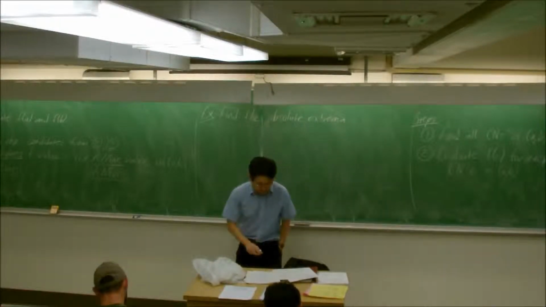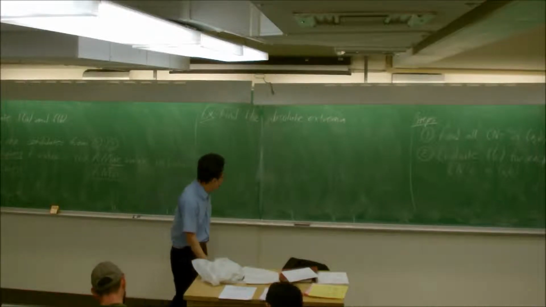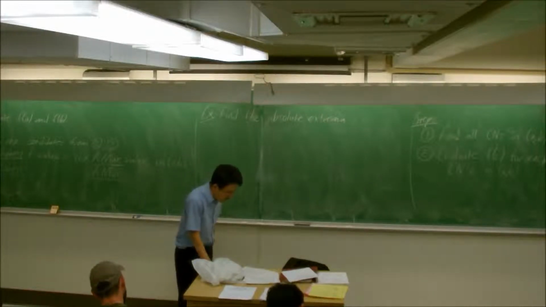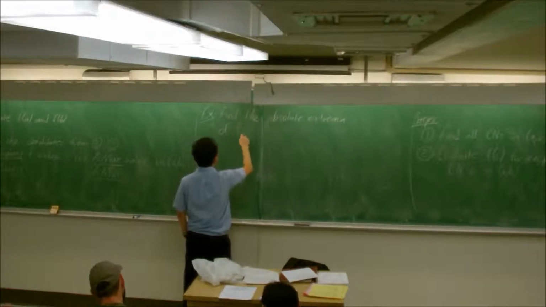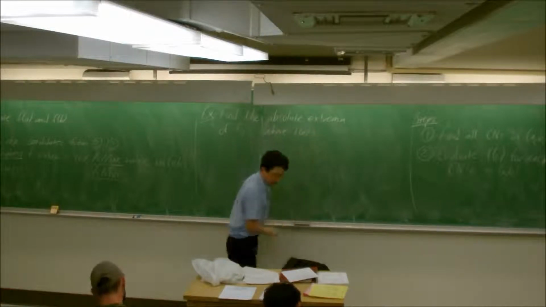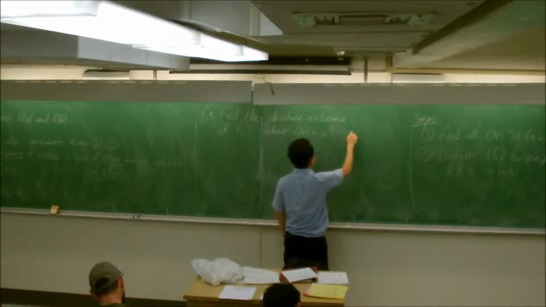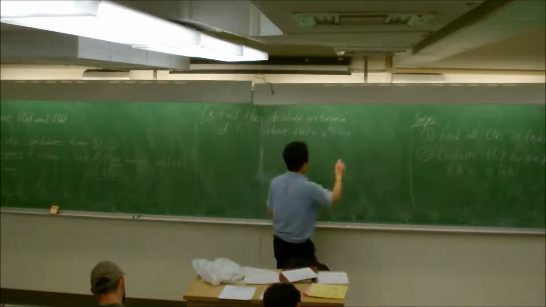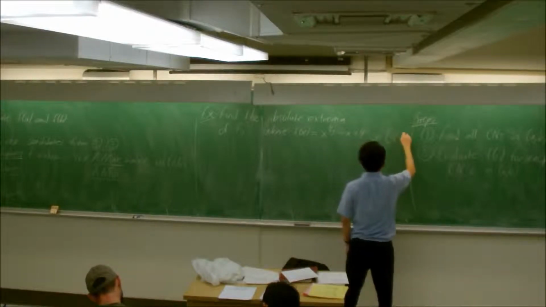Find the absolute extrema of f where f of x equals x to the 1/3 minus x plus 4 on the closed interval from -1 to 8.